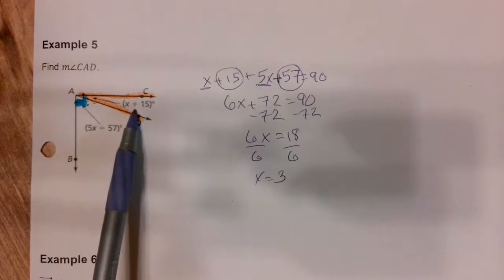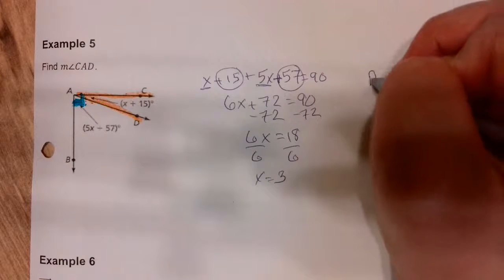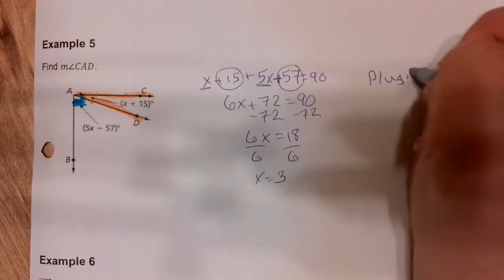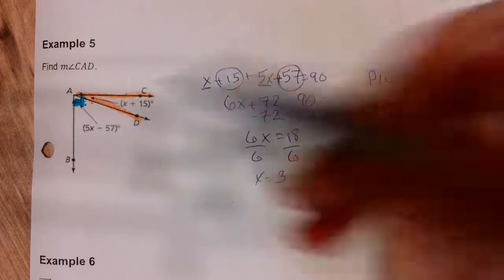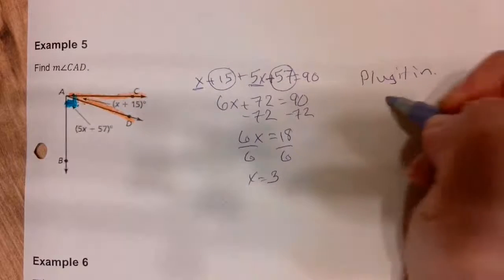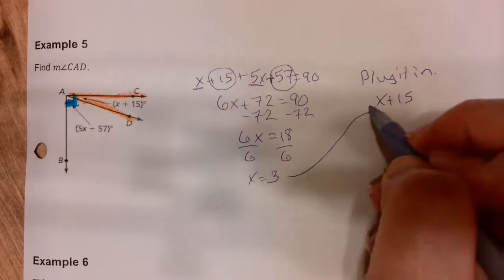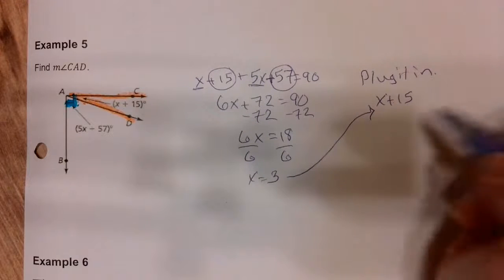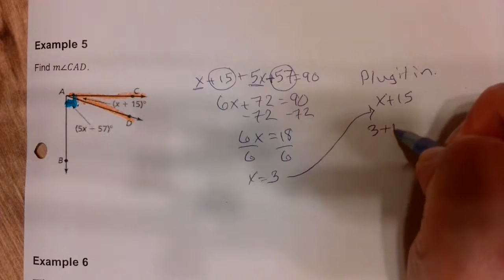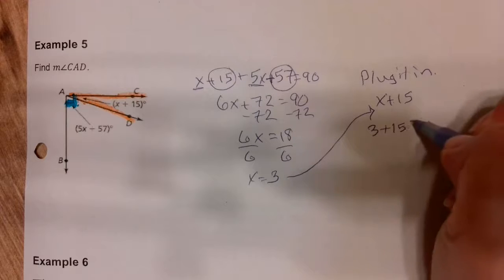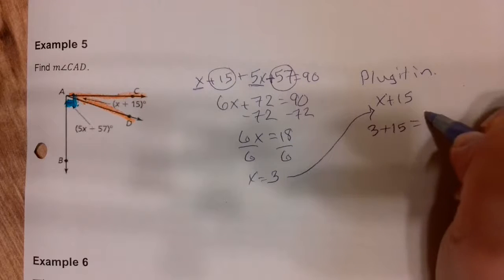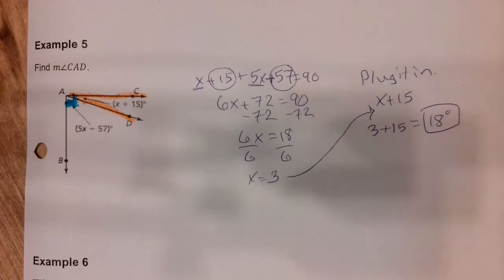CAD. Plug it in. CAD was x plus 15. We know what x is. X was 3. 3 plus 15. We get an answer of 18 degrees.